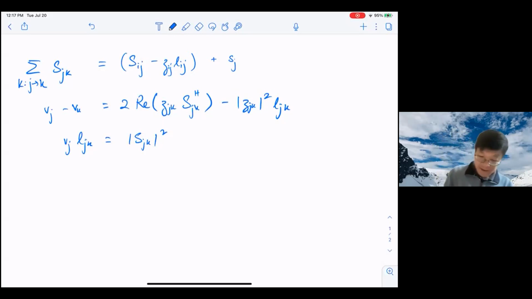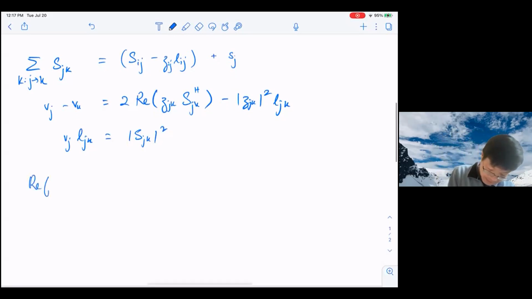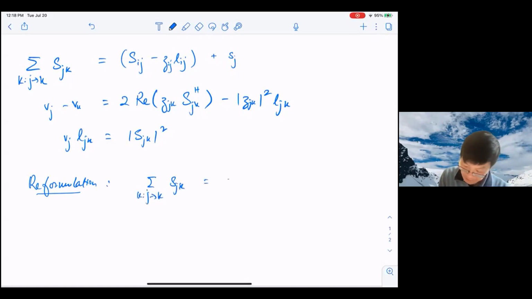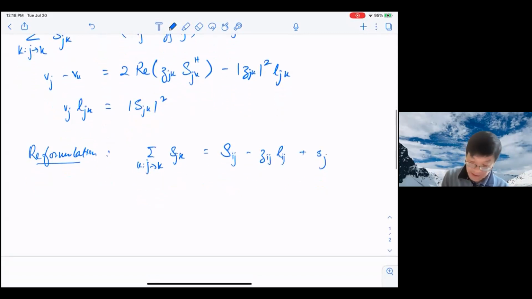So the reformulation will look like this: the first equation remains the same, the sum over k of Sjk equals Sij minus Zij Lij plus Sj. The second equation, though, does not take the square magnitude.